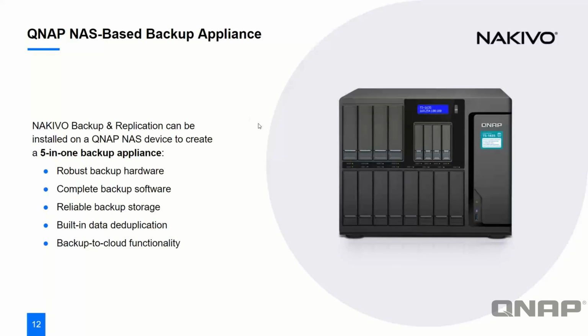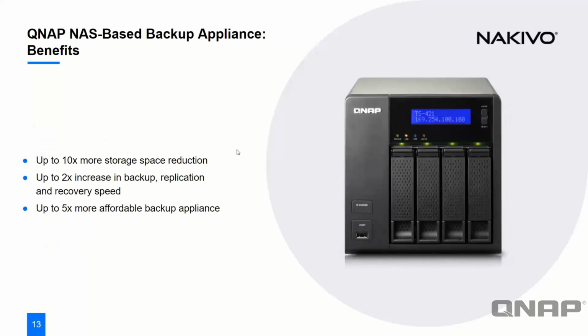One of our advantages is that you can deploy Nakivo directly on a QNAP box. By installing Nakivo on the QNAP, you get a 5-in-1 backup appliance: robust backup hardware, complete backup software, reliable backup storage, built-in data deduplication, and backup to cloud functionality.